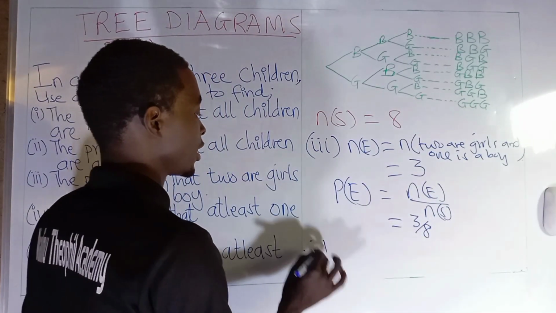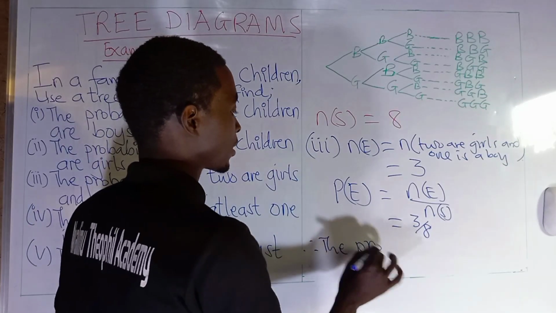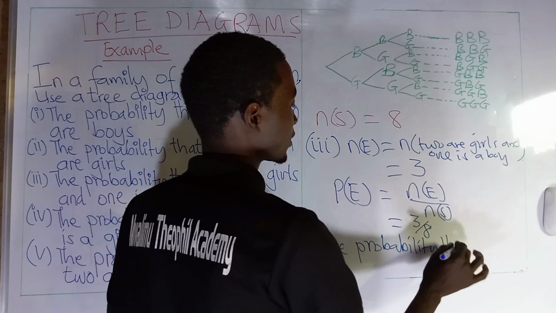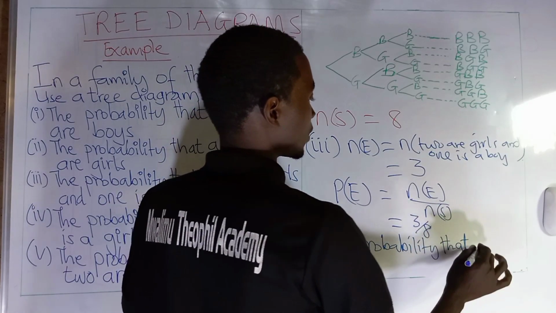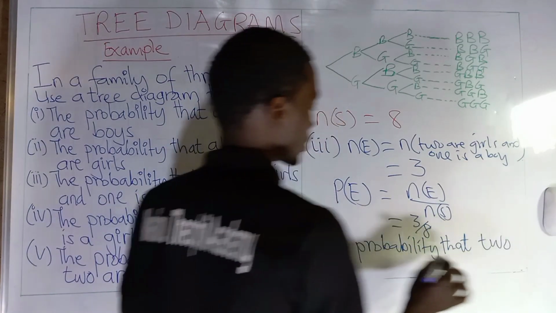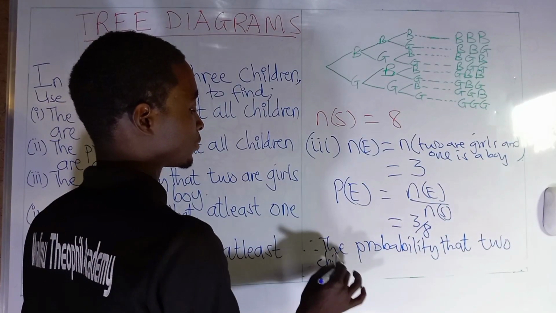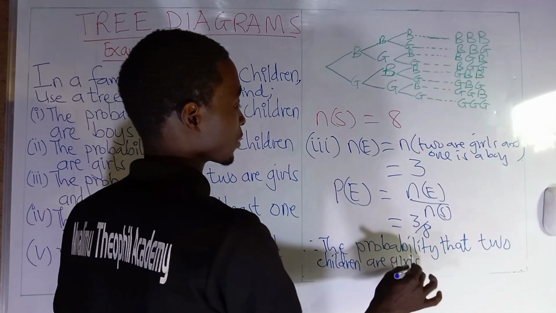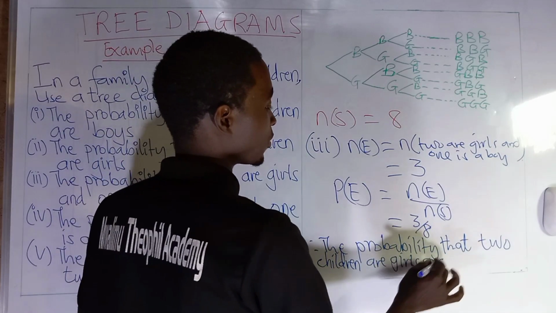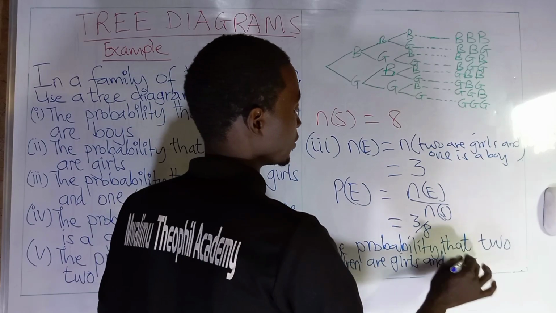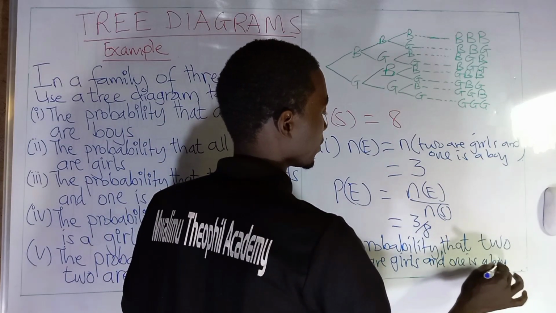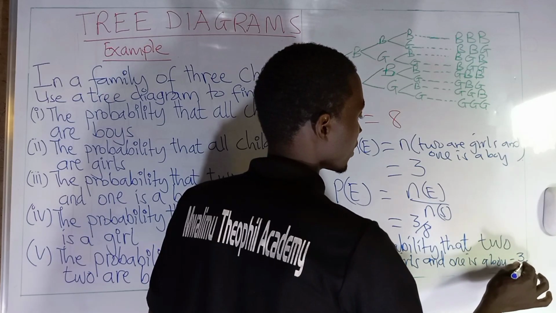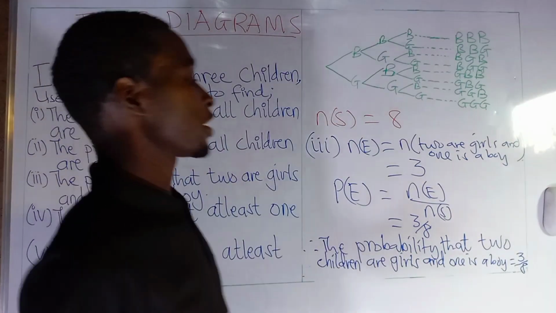The probability that 2 children are girls and 1 is a boy is equal to 3 over 8.